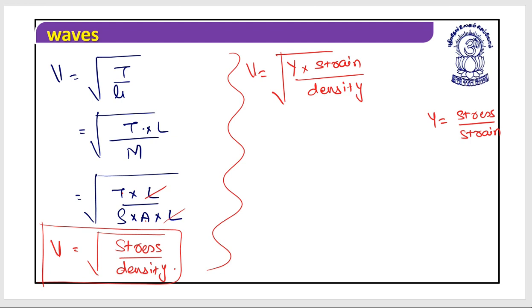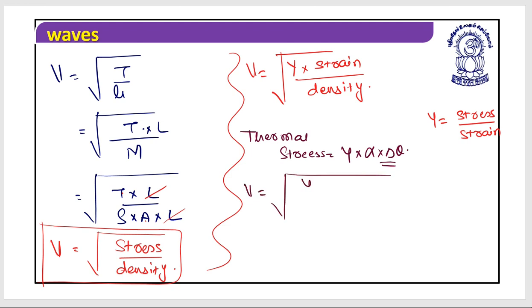Yes, even a question can be framed from here. Even one more and very good approach to ask this question is, we have a thermal stress, and that thermal stress was equals to y into alpha into delta theta. Yes, so this could be asked, it's v is equals to root of y into alpha into delta theta divided by density.